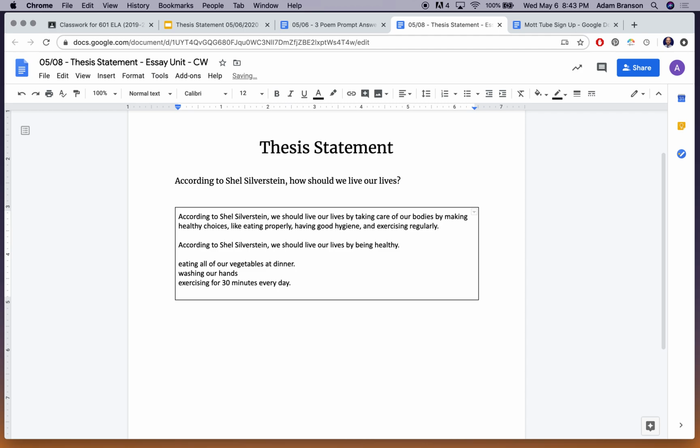All right, so I'm going to read this over again. According to Shel Silverstein, we should live our lives by taking care of our bodies, by making healthy choices, like eating properly, having good hygiene, and exercising regularly. All right, it's very important that you actually read these things out loud.